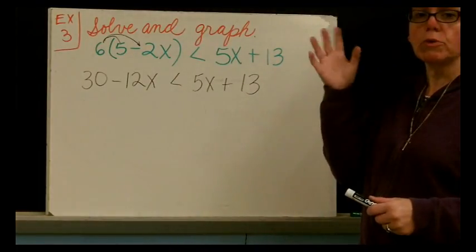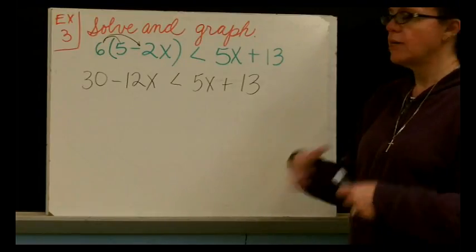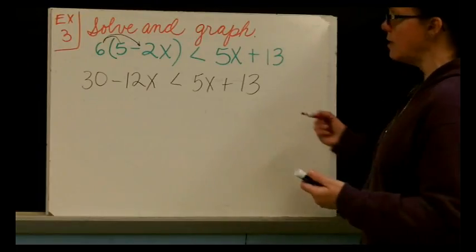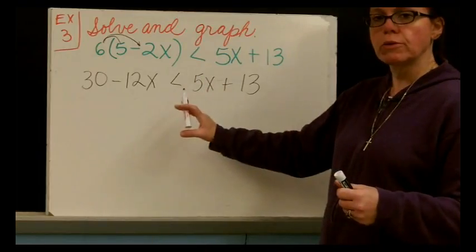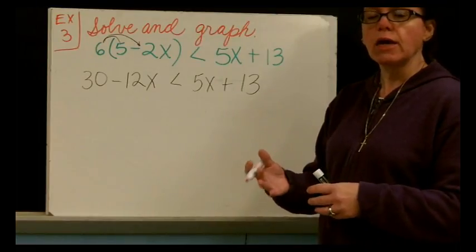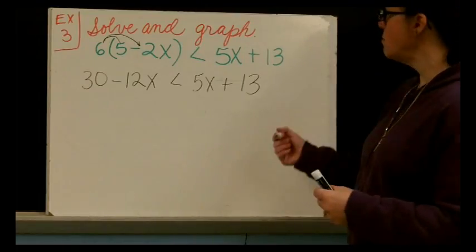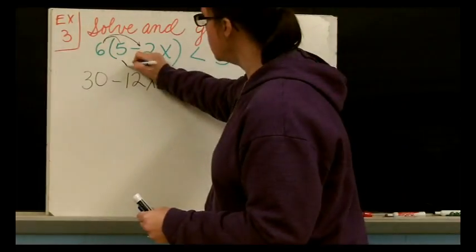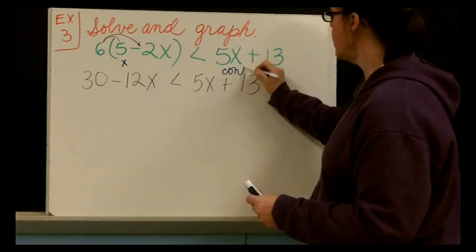And if you remember when we were learning how to solve multi-step equations that had variables on both sides, what I did was I determined before I went through and solved it which side I wanted to be my x side and which side I wanted to be my constant side, because that helped me to be more organized. So I'm going to call this my x side and this my constant side.